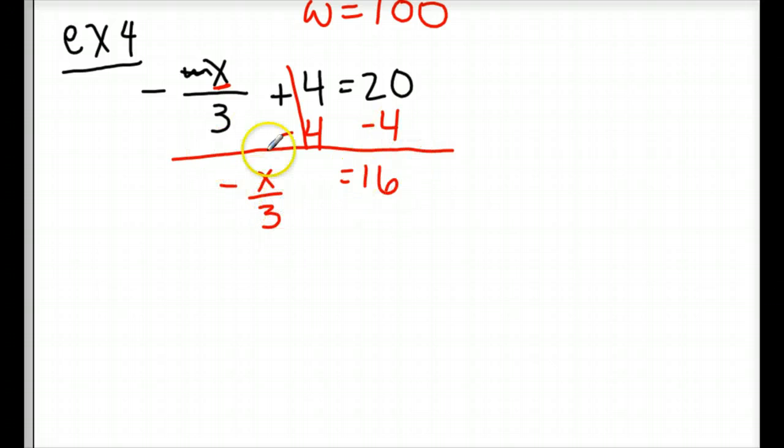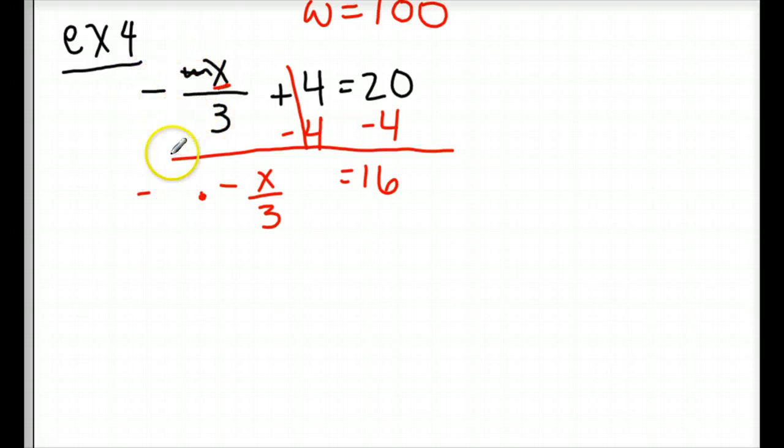Now, we're going to multiply both sides by our denominator, right? Because we want to undo division here. Well, instead of multiplying it by 3, we're going to multiply it by negative 3, so we get rid of this negative sign on this side. So that's why I said it doesn't really matter where this negative sign is.